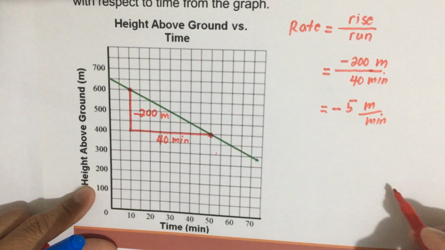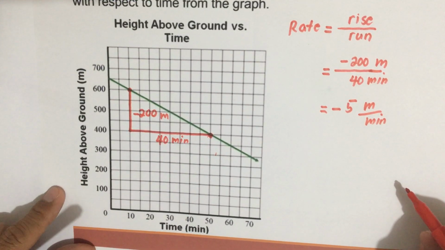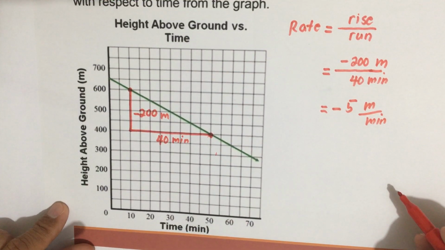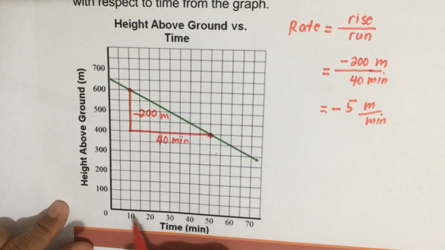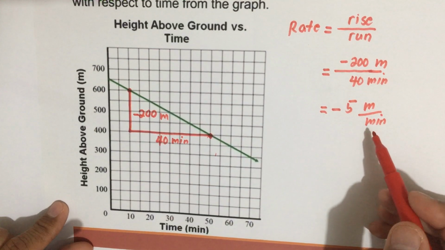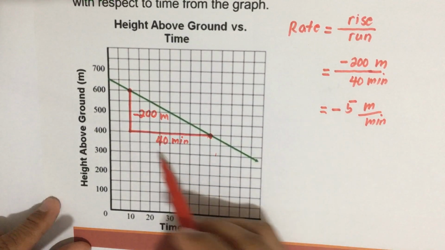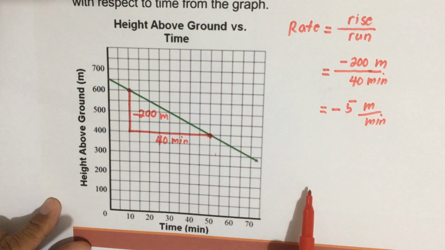This is the rate of change of the height per minute, that is negative 5 meters per minute. Negative because if you look at the line, it's going down.